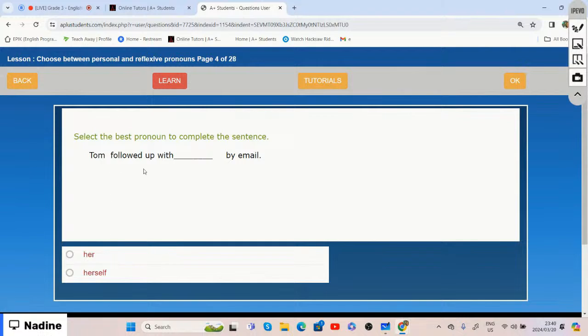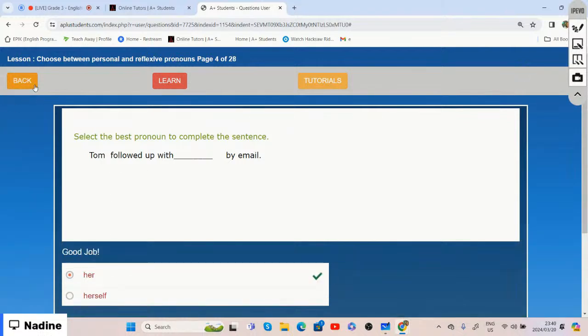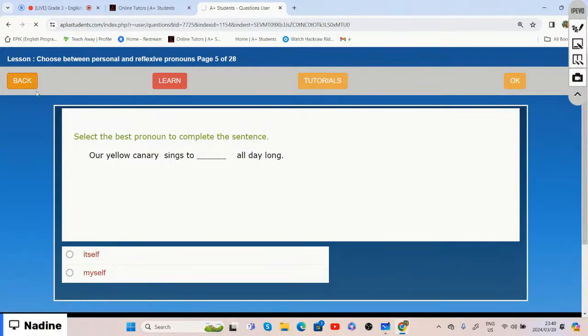So we can say that Tom followed up with her by email, right? And her is a personal pronoun.